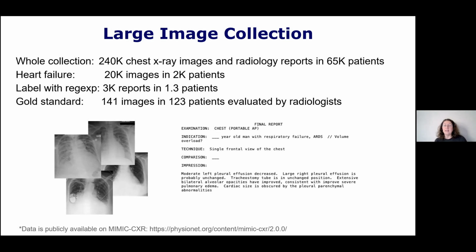And through that, in collaboration with our radiology colleagues, we label somewhere between 3,000 and 7,000 images, depending on the instantiation of this model. And finally, we have the gold standard image set where 3 radiologists examined the images and arrived at consensus for the labels. So clearly we can't use this gold standard data set to train anything, it's way too small, but we will use it to evaluate the methods.